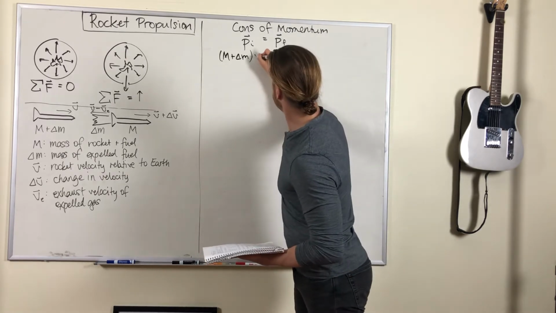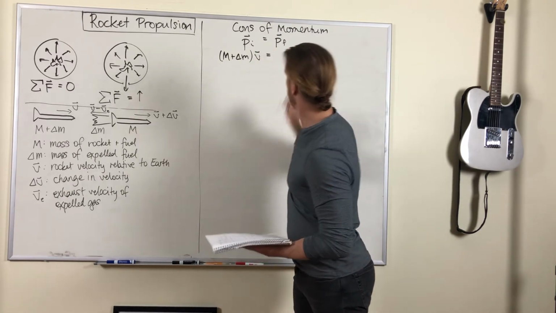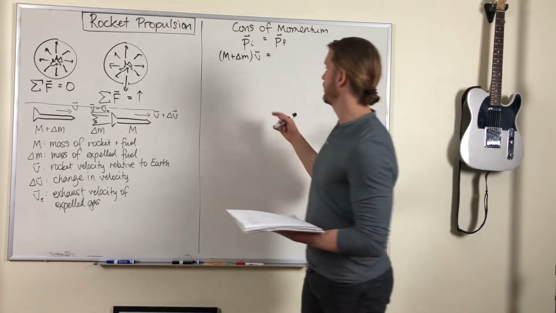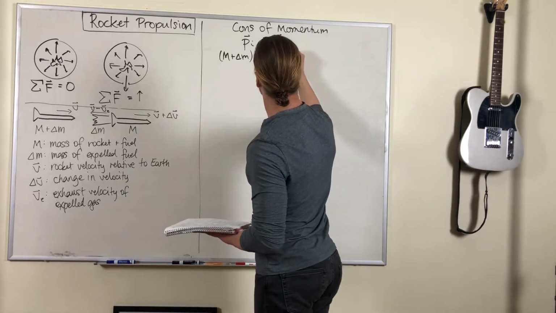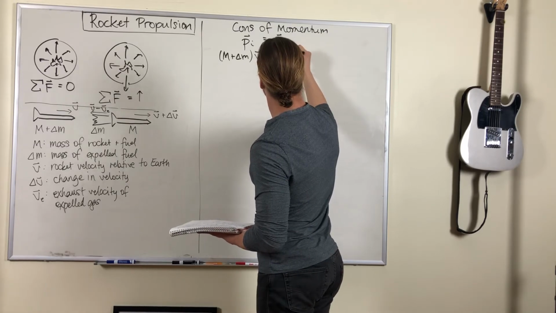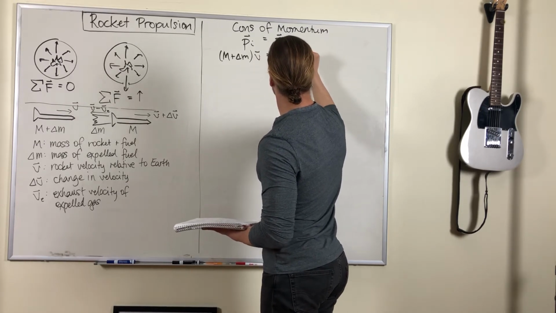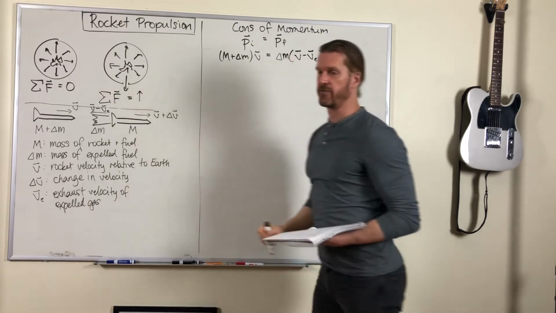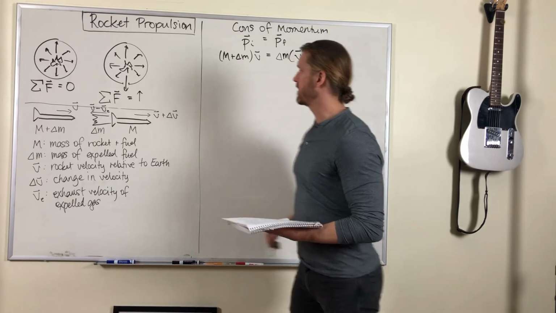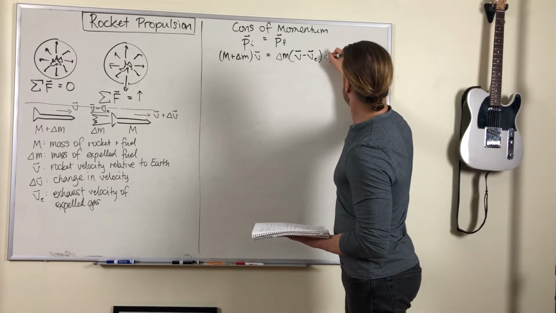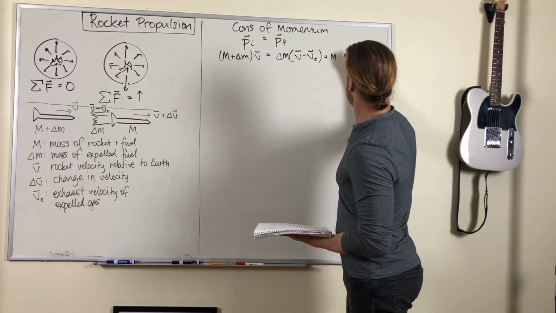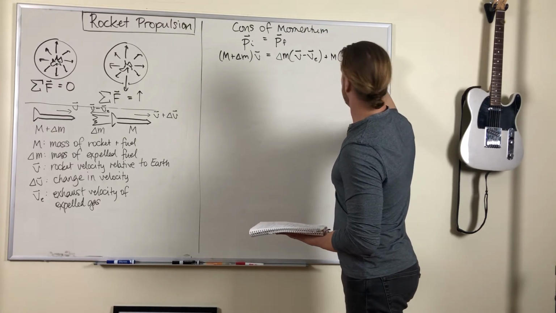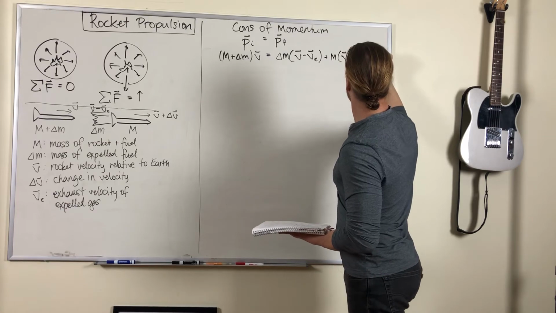The initial velocity is v. And then in the final situation, there's kind of two separate objects. There's the gas itself, which has mass delta m, and it has velocity v minus v exhaust. And then there's the rocket. It has mass m, and it has velocity v plus delta v.